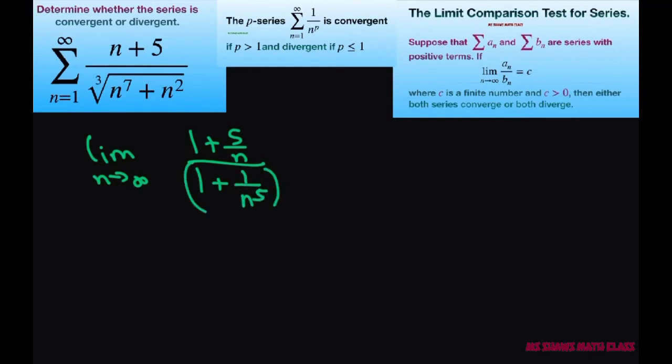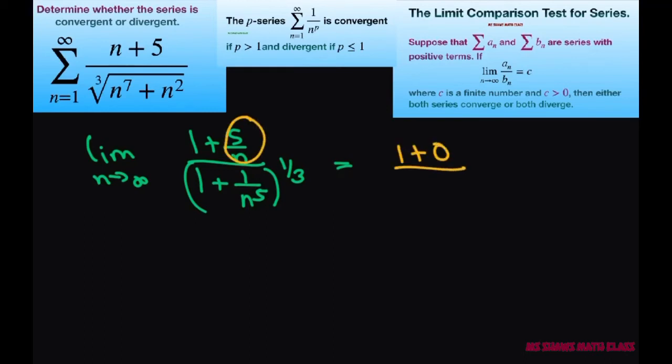That's going to give us the limit as n approaches infinity of, our numerator is fine, and the denominator is just going to be 1 plus 1 divided by n to the 5th power, to the 1/3 power. All right, so as we take the limit, this is going to go to 0, so we're going to get 1 plus 0.